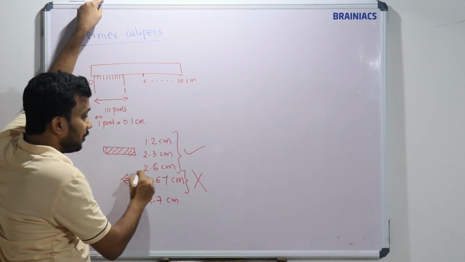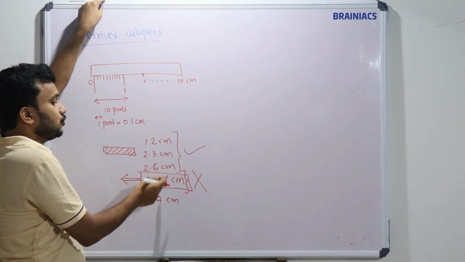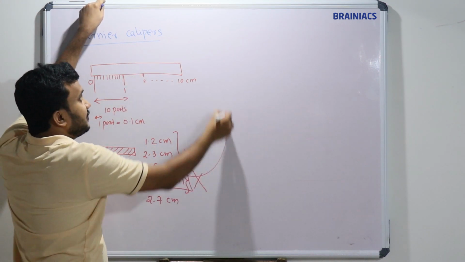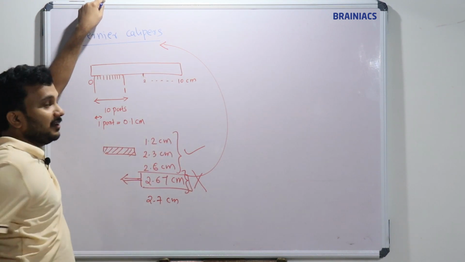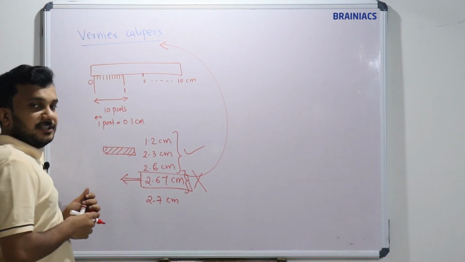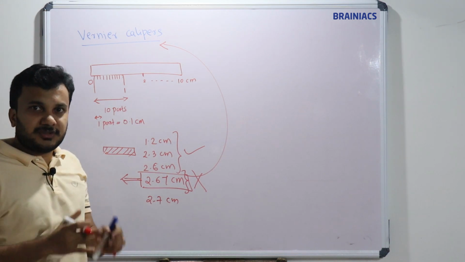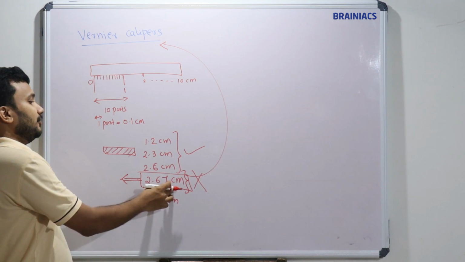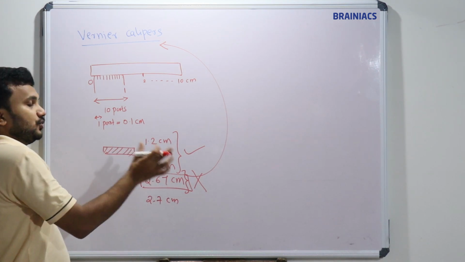It is not possible to say its length is 2.67 with the help of a normal scale. To have this value, we need our brilliant guy, which is called vernier caliper. So vernier caliper is an instrument which is used to measure the accurate, specific value of a device which we are measuring.